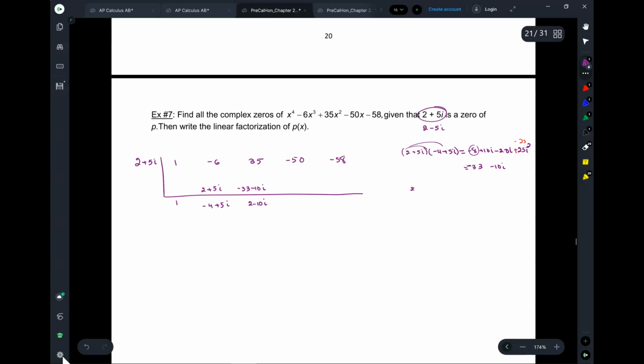And now I need to multiply 2 plus 5i by 2 minus 10i. So that's going to be 4 minus 20i plus 10i, so that's minus 10i. Minus 50i squared is plus 50. So that's going to be 54 minus 10i.